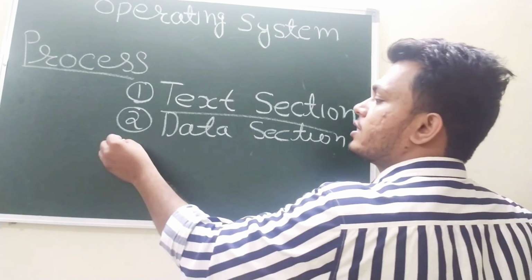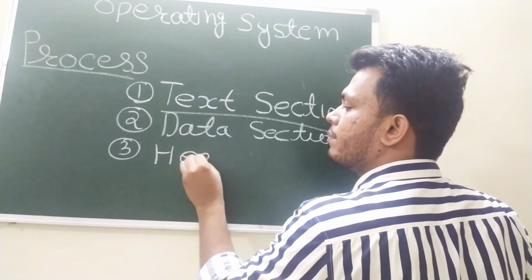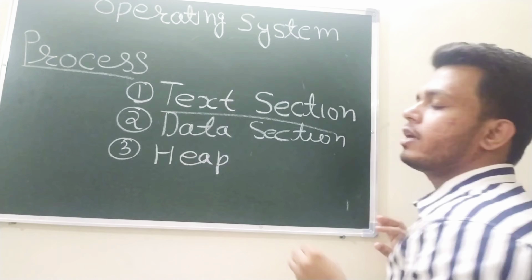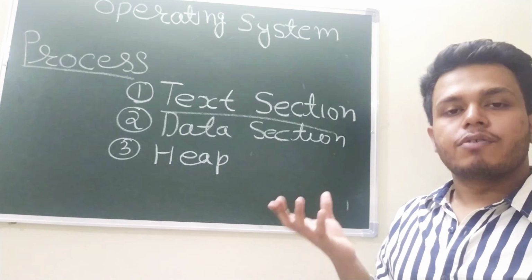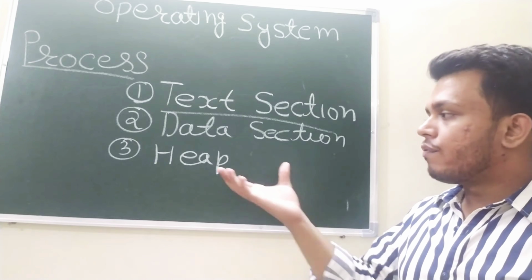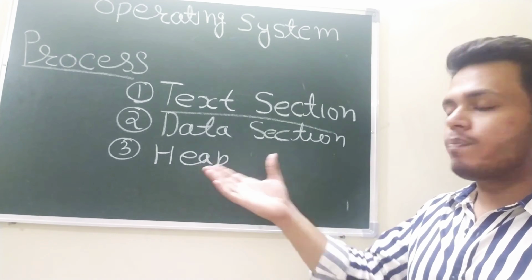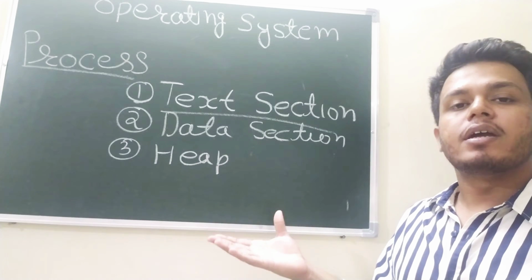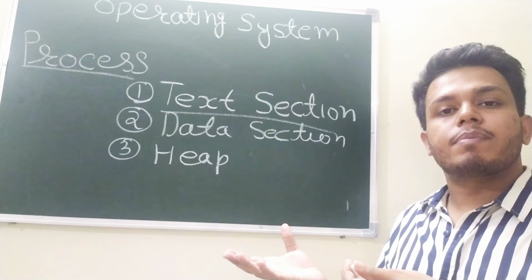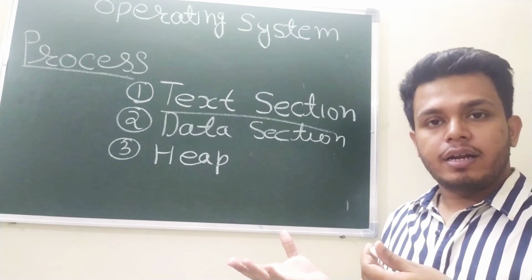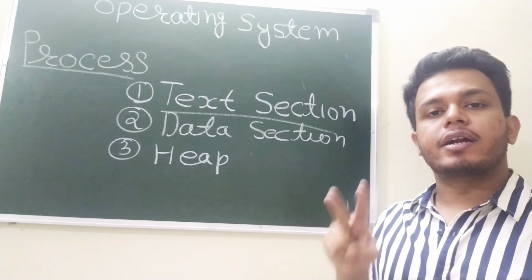The third section is the heap. Heap is a data structure which stores the data which is coming in dynamically, right? Because data comes in two forms, at compile time or at run time.